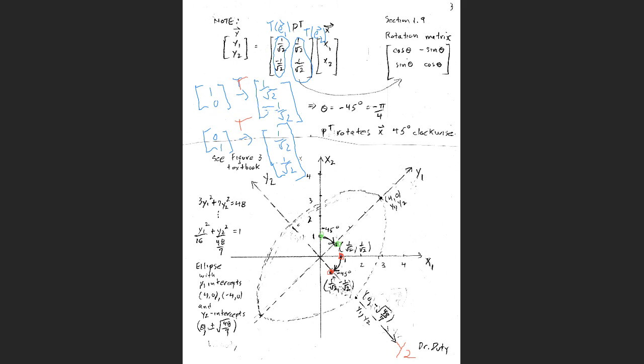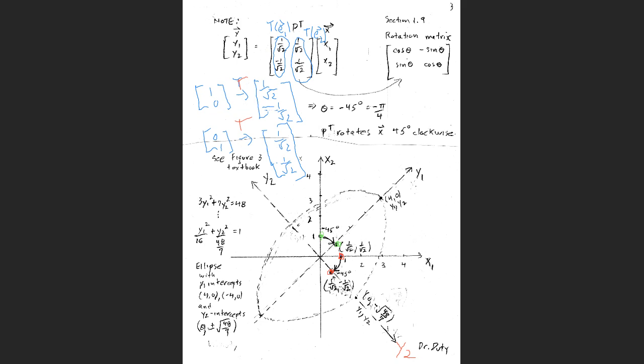The y1 axis has to pass through the origin and that eigenvector. So this is exactly what you have in the picture in figure 3 in your book just before example 5.